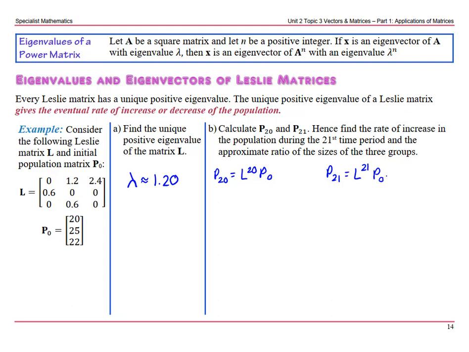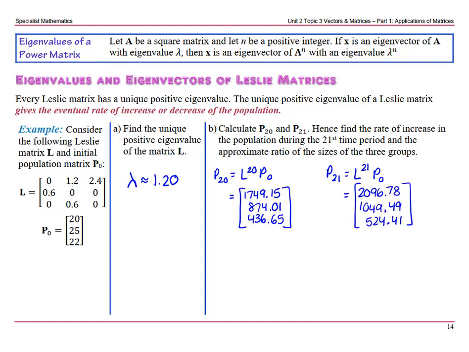So from our calculator we have total populations of 3,059.82 if we add up those ones, and 3,670.68 if we add up our populations of P21.